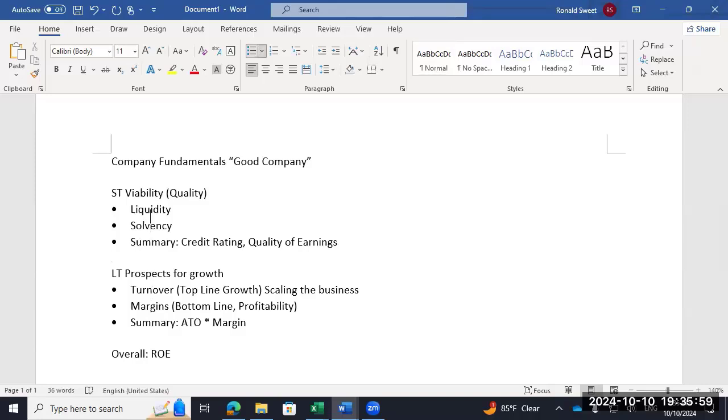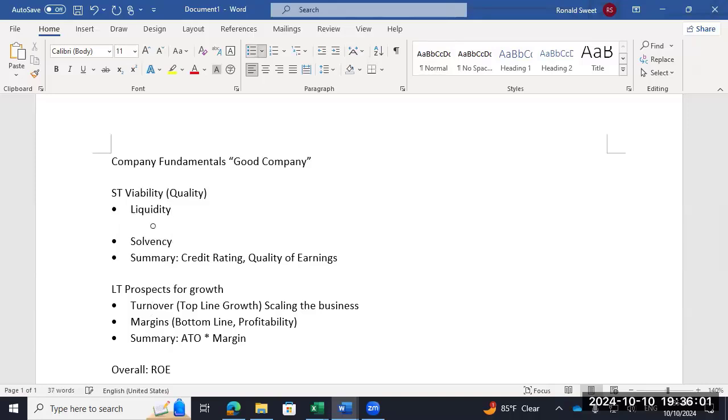Now, what are the 3 things we're looking at under liquidity? This is when all those answers you've given me before. Do you remember the 3 things here? Net working capital. And what were the 3 things you want to do there?